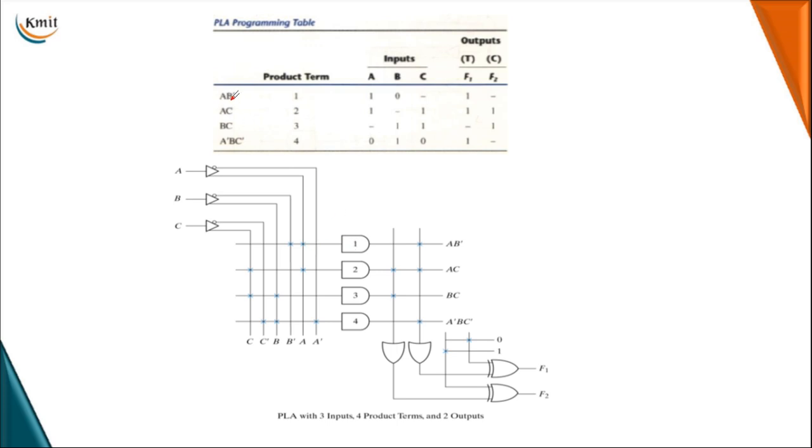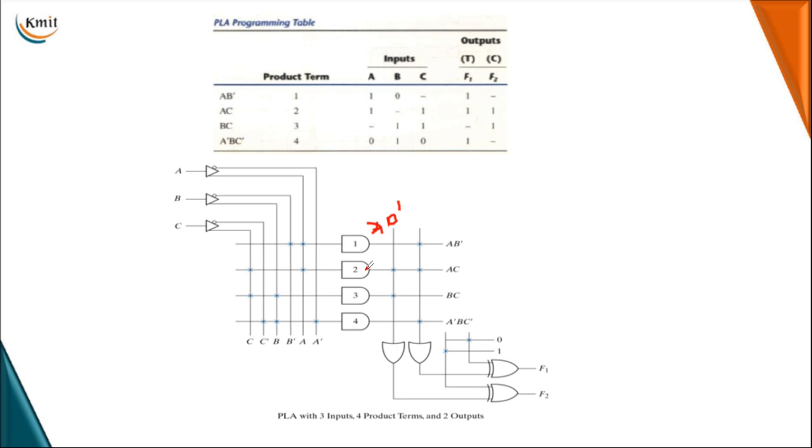Now for the first AND gate, if I want to have AB bar, I need to put a cross mark on your A along with B bar. Hence we put two cross marks on this. Because the inputs of your AND gates are programmable, it will give you the AB bar product term, since we connected only A as well as your B bar.